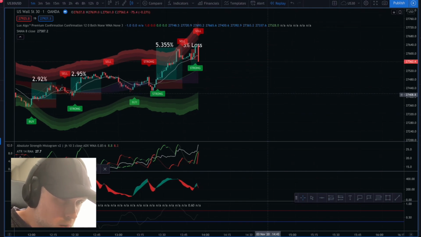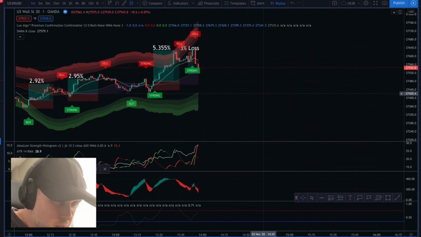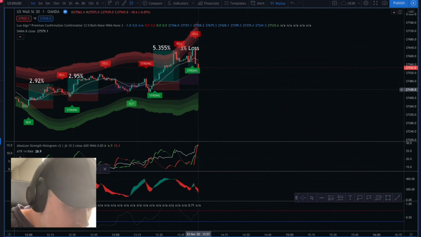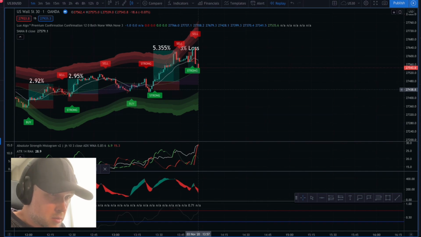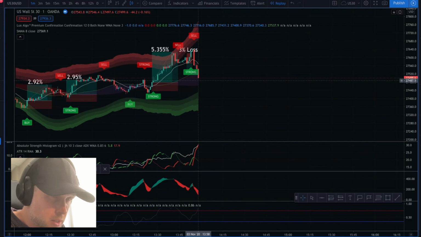Oh, we are crossing down with a sell signal, but it's not strong, and I still have strength in the bulls. It appears we're getting close to crossing the leading edge. There's our crossing. We've crossed the leading edge now. Got strength in the bears.